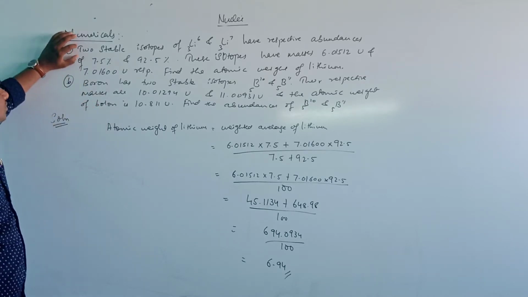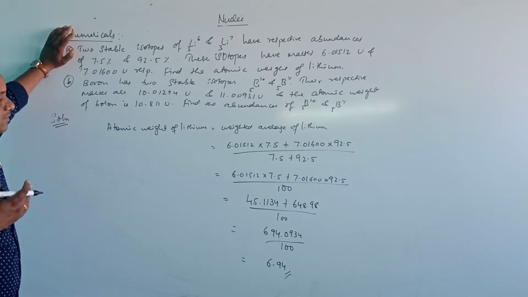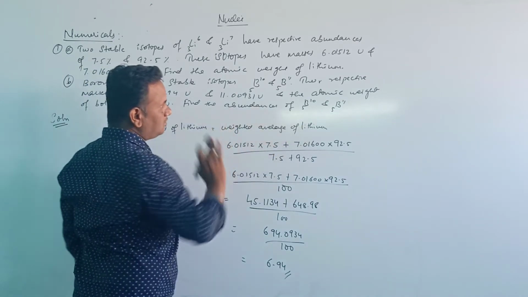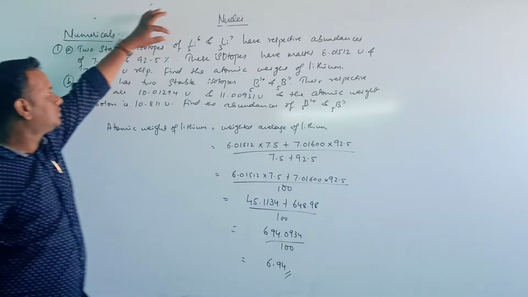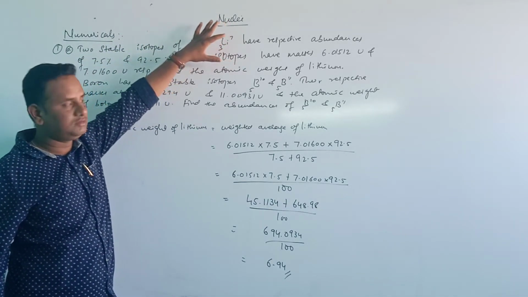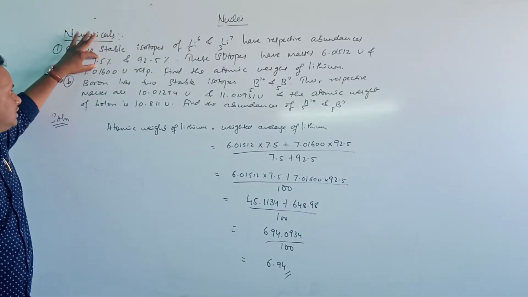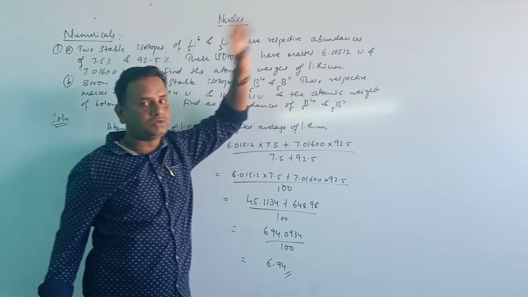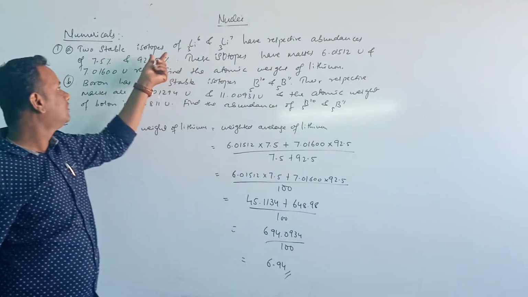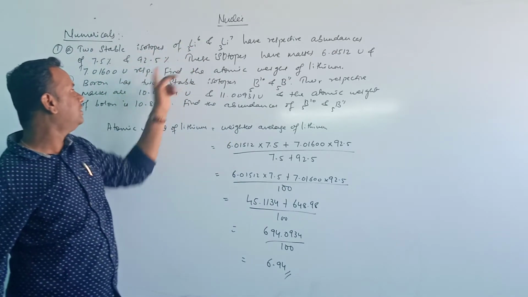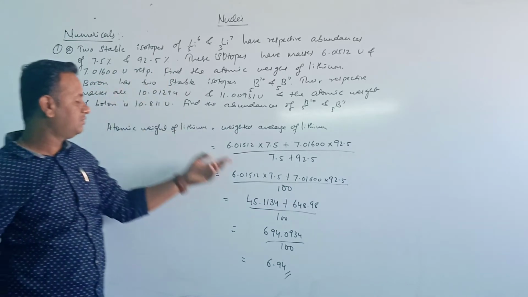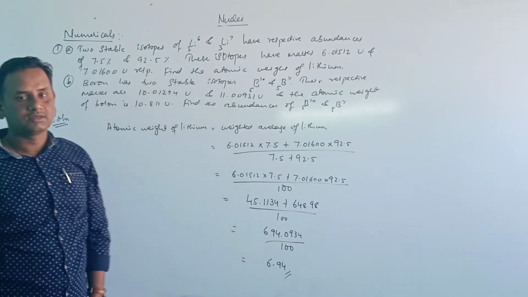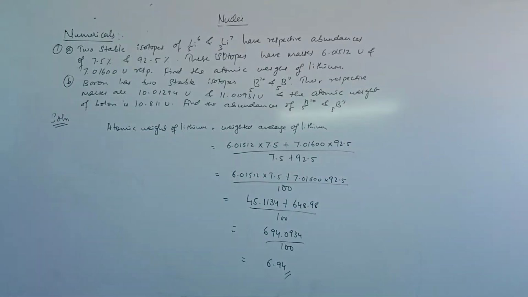Here he has given two stable isotopes, so we find how the average is calculated. Atomic weight of lithium is the weighted average of the two isotopes. He has given the masses of both isotopes and their abundance values too. Multiply 7.5 by 6.01512 to get the total weight of the first isotope, and also 92.5 into 7.01600 for the second isotope, divided by 7.5 plus 92.5, which is 100. If we divide it, we get 6.94 as the atomic weight of the lithium.